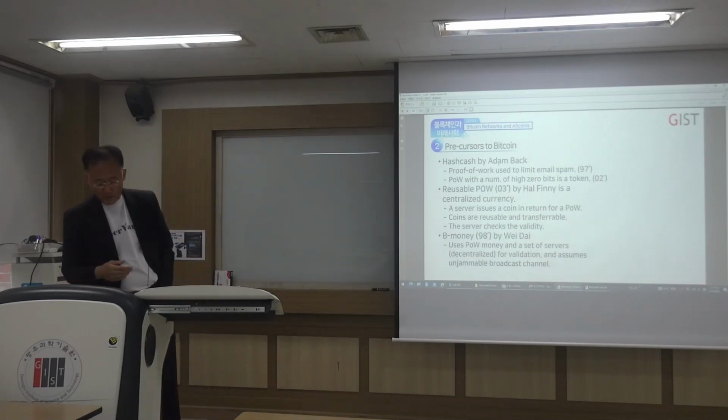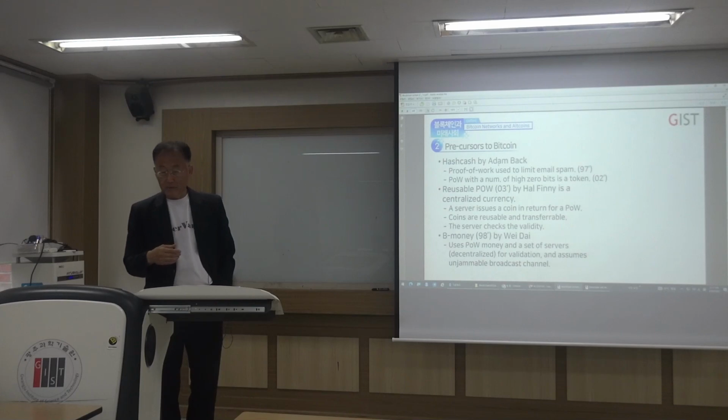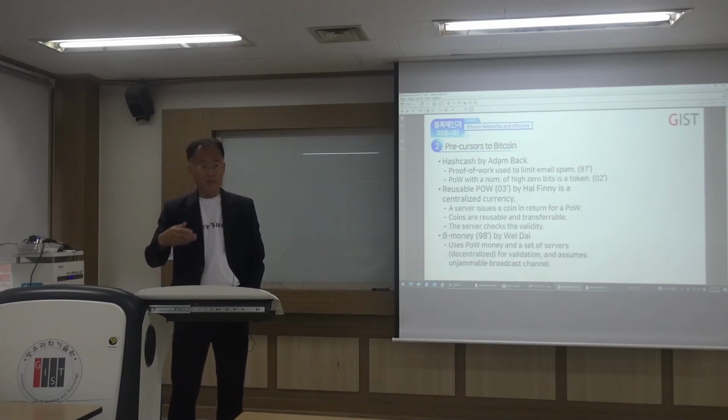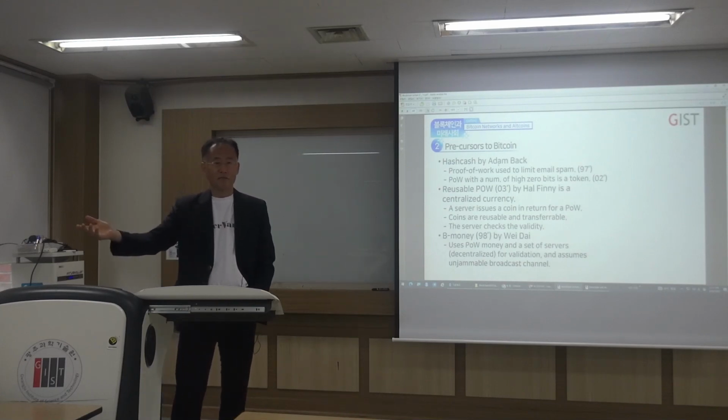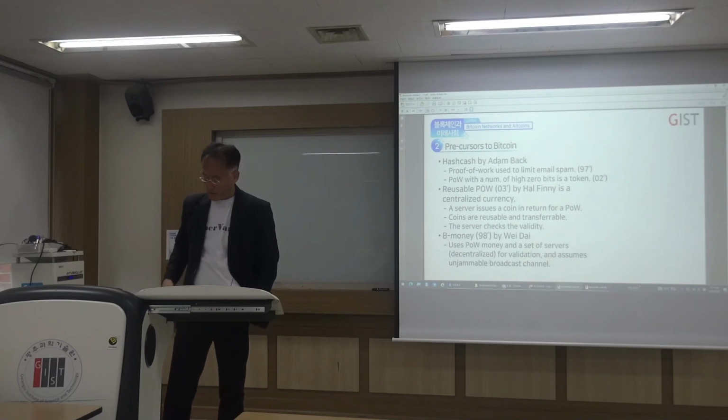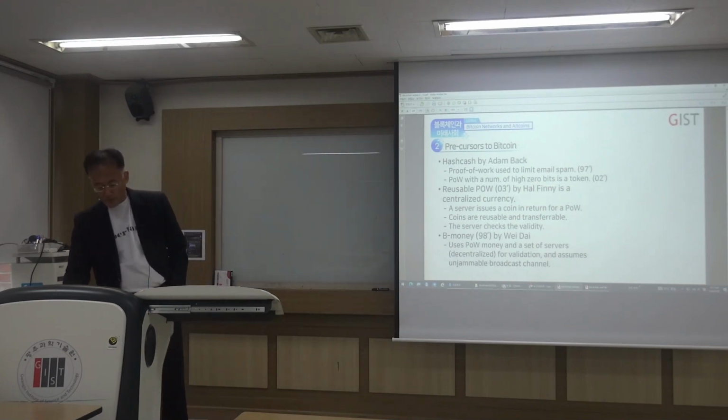If you do that, then it is very difficult for the email spammer to send billions of emails to million different people. So that idea was used in 1997, Hashcash by Adam Back. And then in 2002, he used this POW idea to create a token.